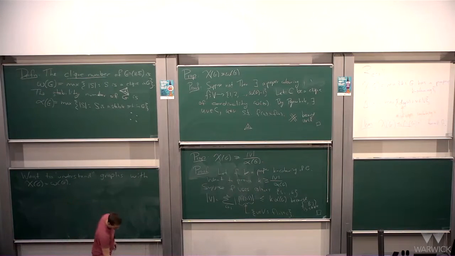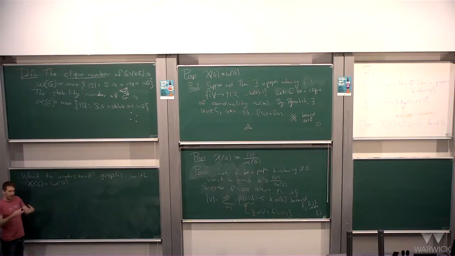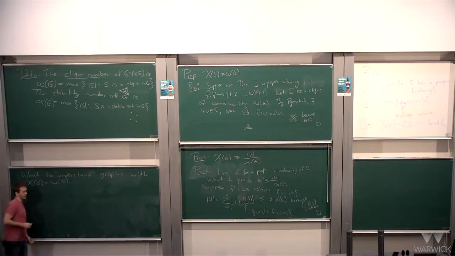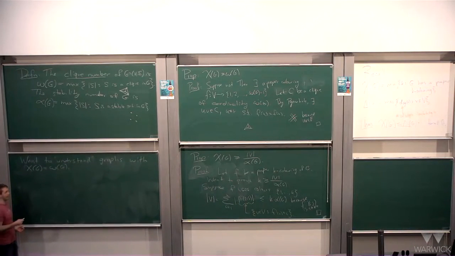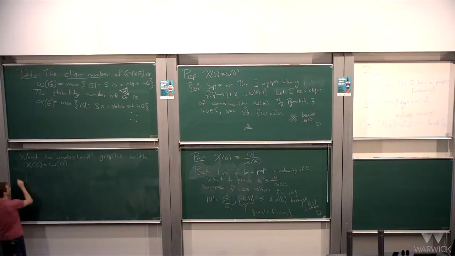Actually, though, it's somewhat inconvenient to look at all such graphs, but we're going to look at a certain type of graph which has this property, but it'll have a certain stronger property. So let me give a few definitions.